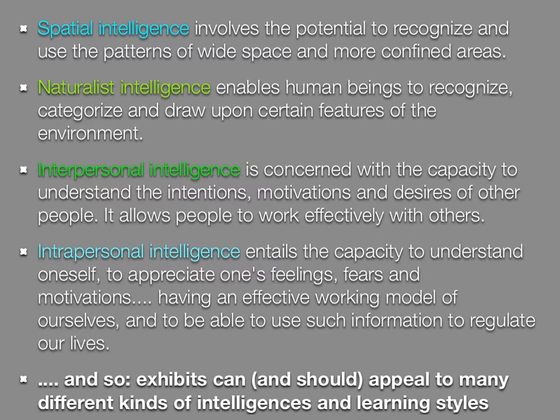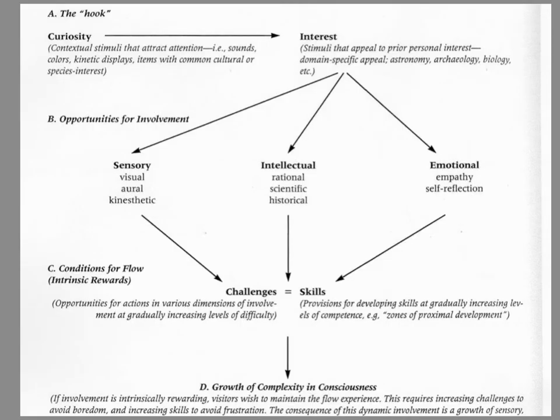Another way to think about this, another way to deal with it, this is from Csikszentmihalyi's article that I read this week, which is this notion that visitors are driven by curiosity and interest. They're free will visitors, they're on their own.